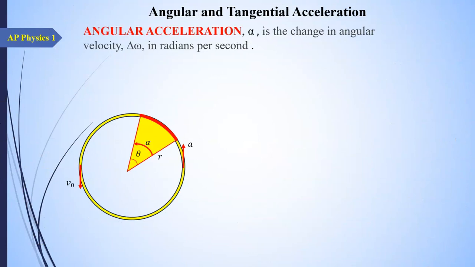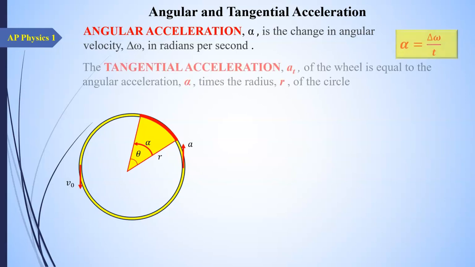Angular acceleration alpha is the change in angular velocity, delta omega, in radians per second. There's the formula there. Alpha equals change in omega over t. Tangential acceleration a, the kind we've been dealing with all year, linear, of the wheel is equal to the angular acceleration alpha times the radius r of the circle.